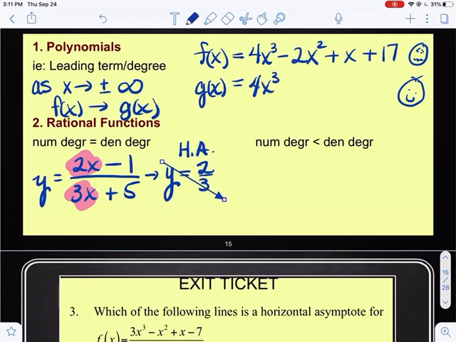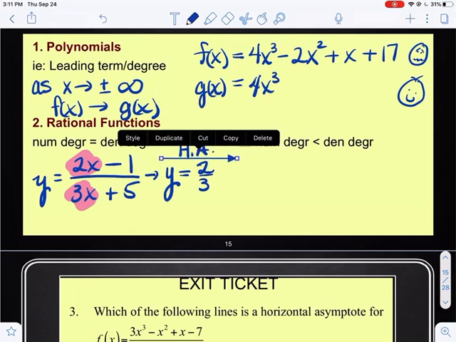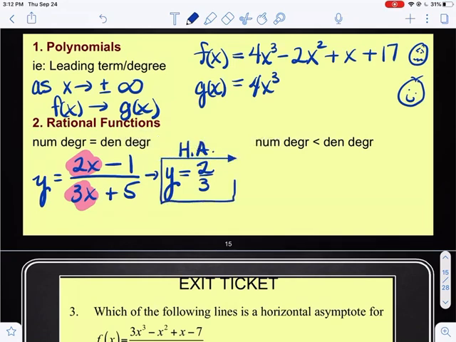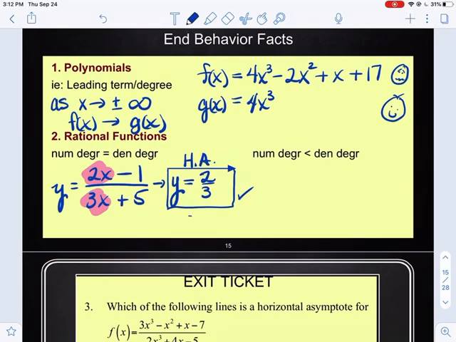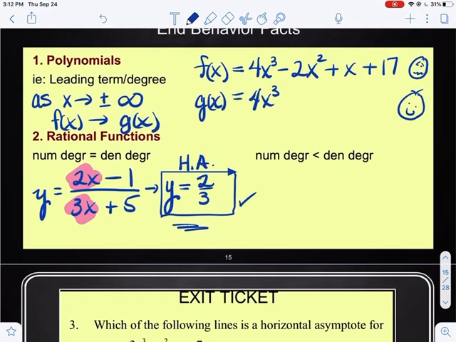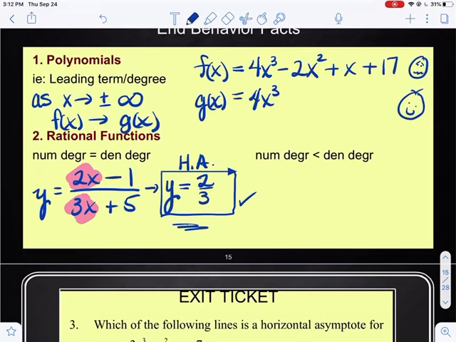So kind of convenient to have. Okay, so there's your horizontal asymptote, easy to get, right? So the -1 and the +5 are irrelevant after a really short time.